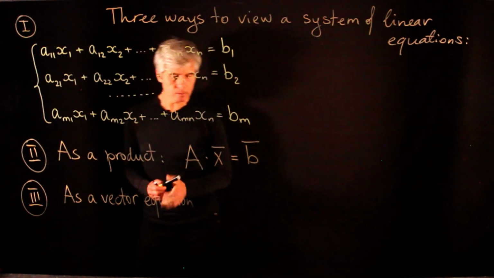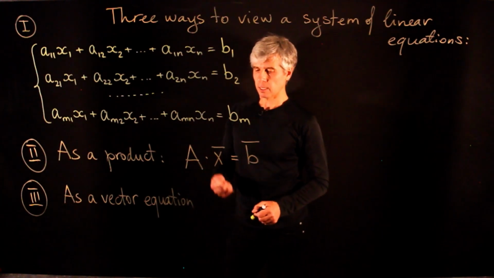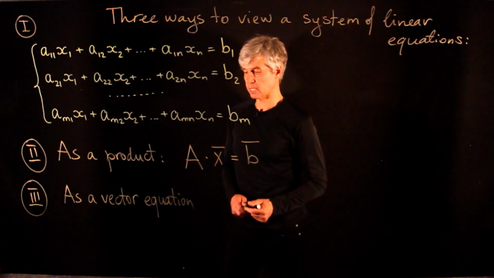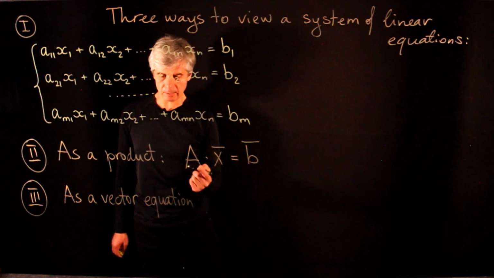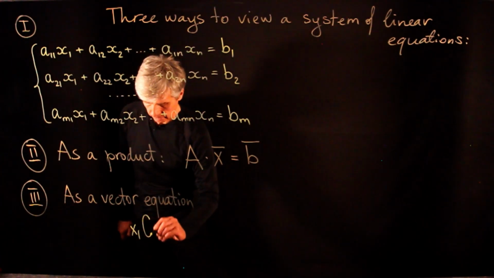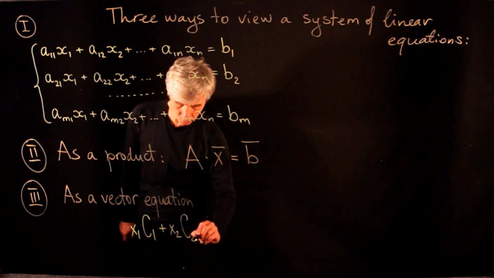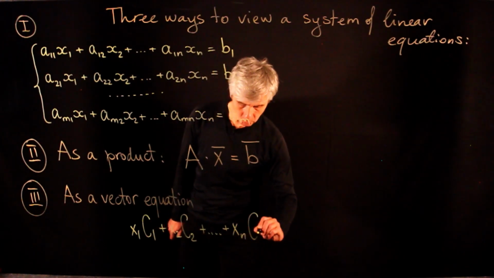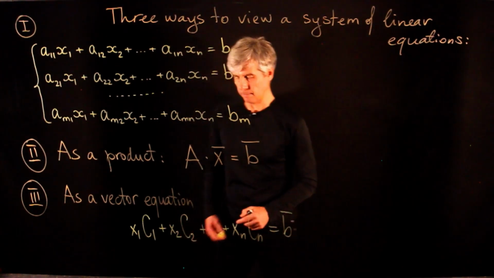As we said, the product of a matrix with a vector can be interpreted as a linear combination of the columns of the matrix A. And so if we treat columns of the matrix A as vectors, then we get the following equation: x1 times column 1 plus x2 times column 2 plus xn times column n. And the result must be the right-hand side column B.